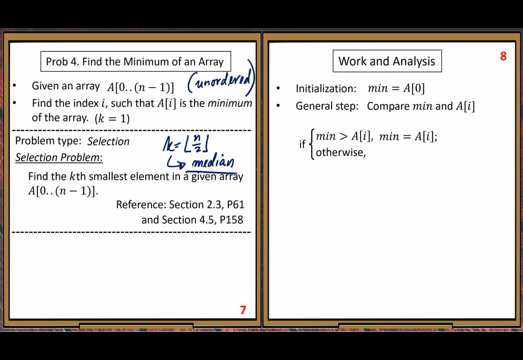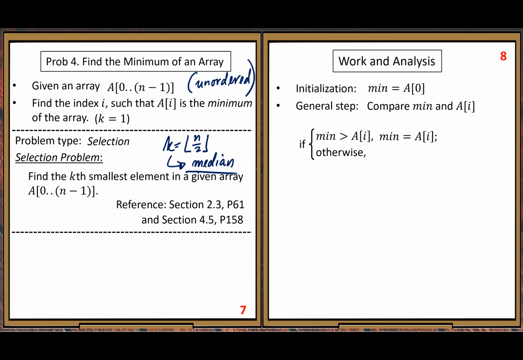Otherwise, if min is less than or equal to A of I, we do not need to update it, because we did not find a smaller array element.